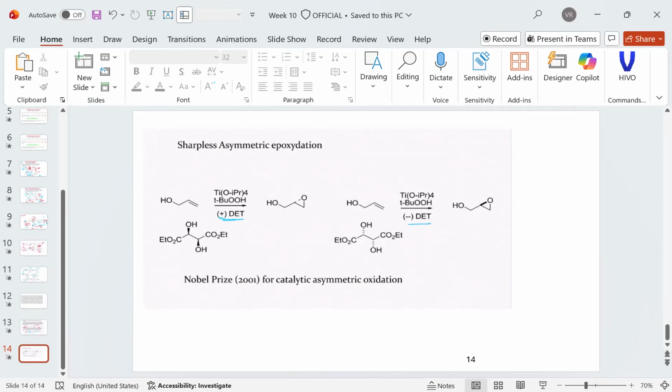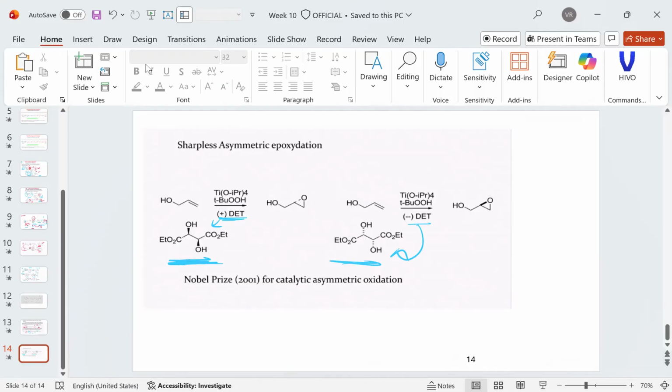So this diethyl tartrate basically induces the epoxidation in this reaction. You can see here the structure of diethyl tartrate is already given. This is the plus diethyl tartrate, and this is the minus diethyl tartrate, right? So what happened?